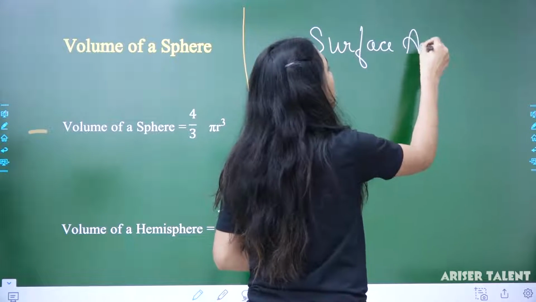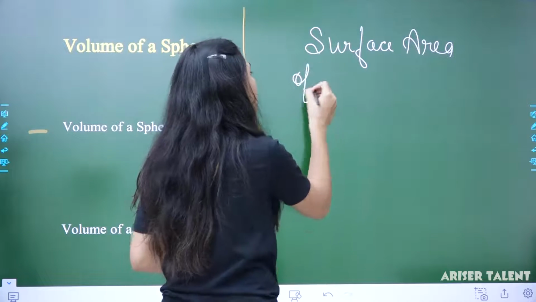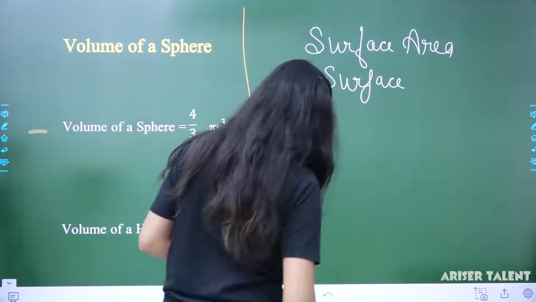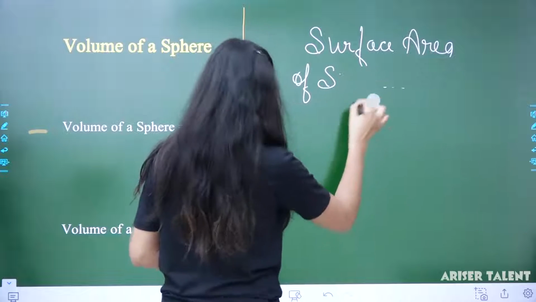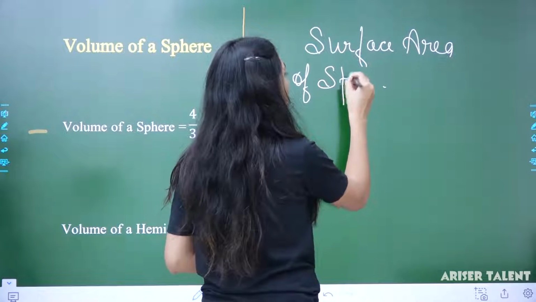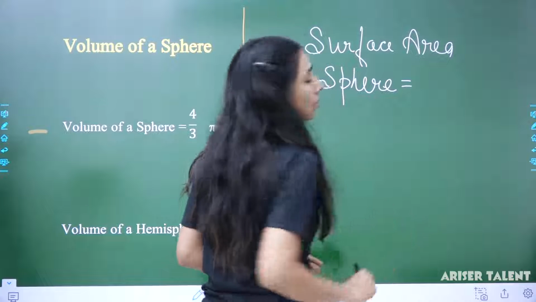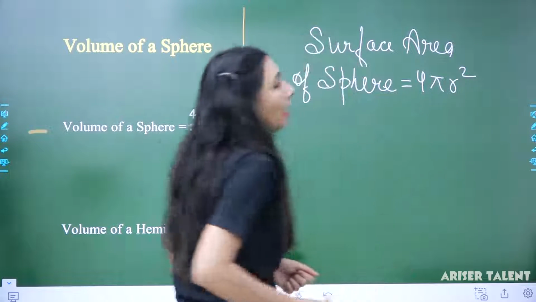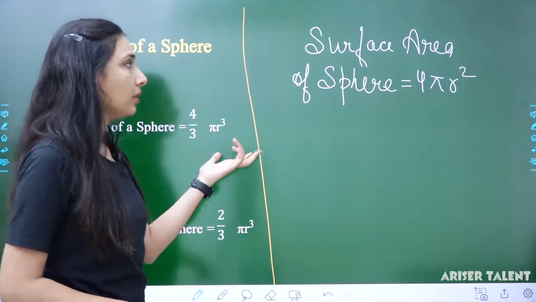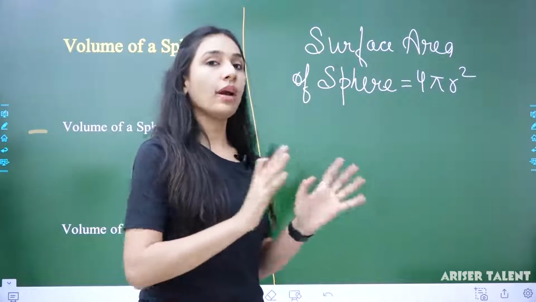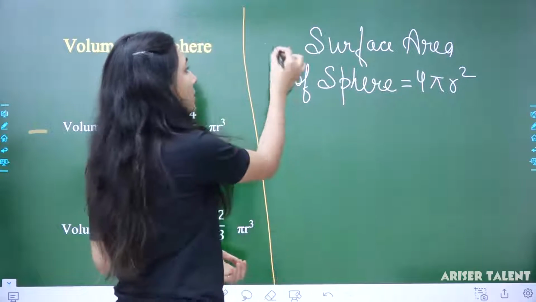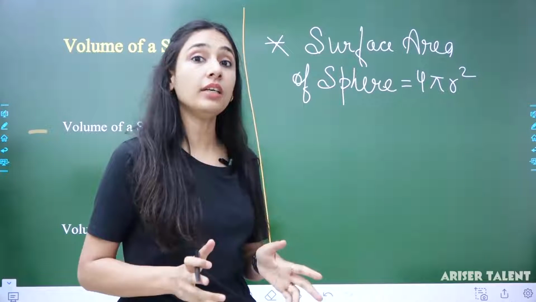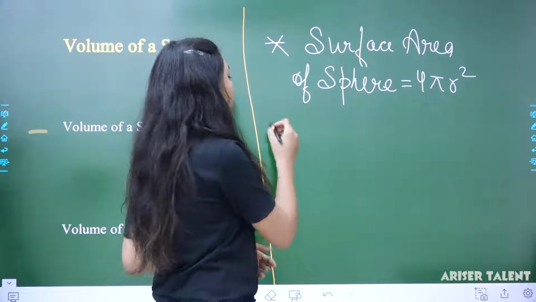If you talk about the surface area of sphere, it was 4 pi r square. Okay, the units were in square units. I've told you the surface area and the curved surface area of sphere is same. All right, then we talked about hemisphere.